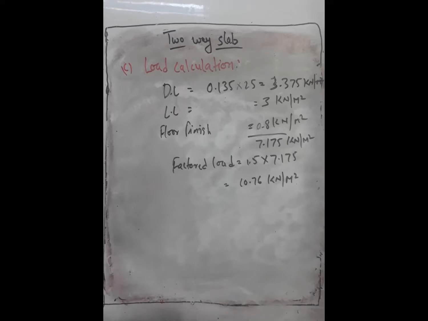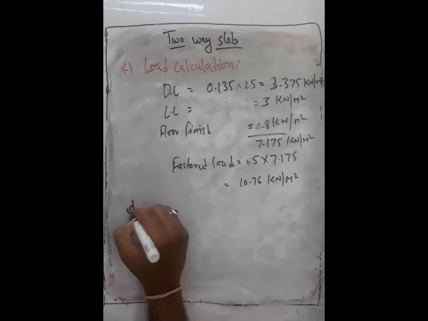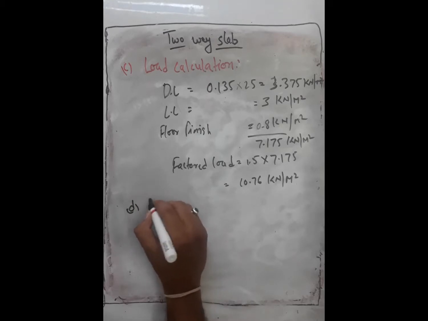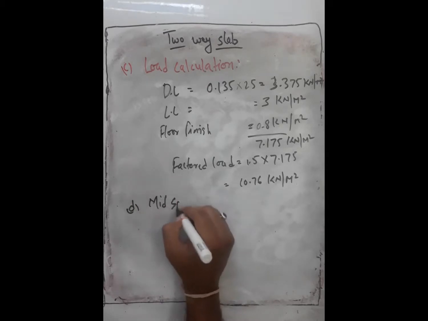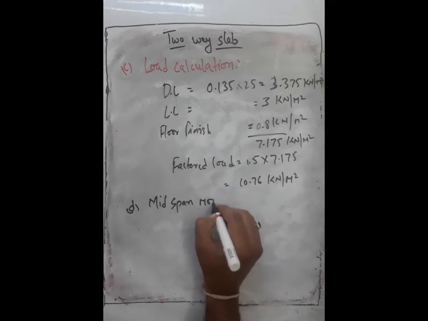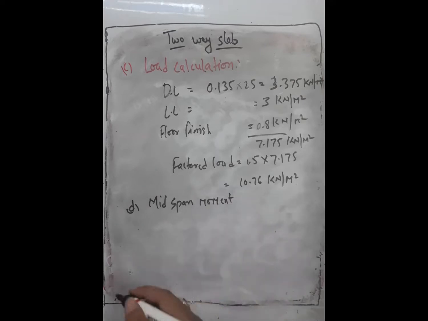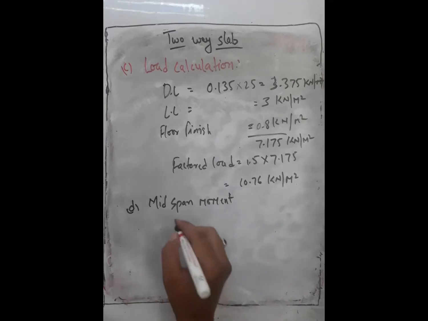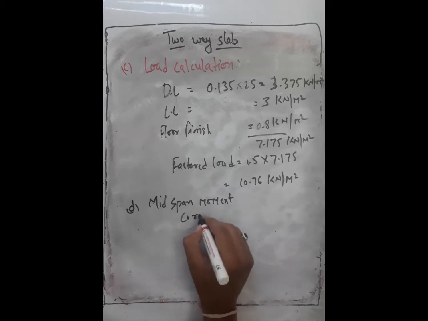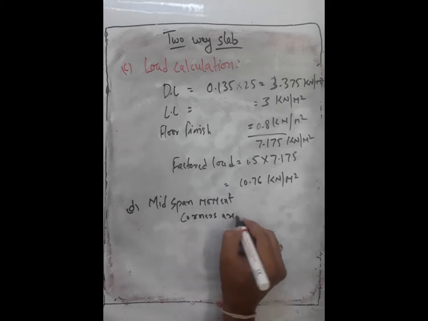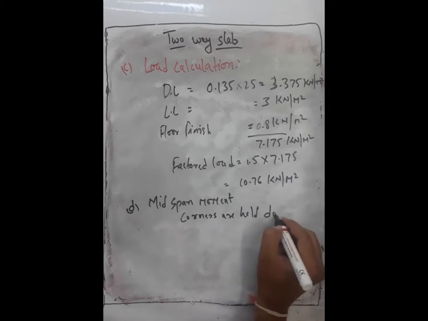Now we have to find the mid-span moment. So now D is the mid-span moment. For finding the mid-span moment, our condition is corners are held down.